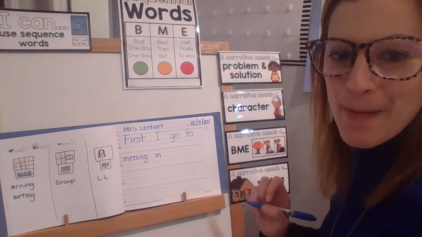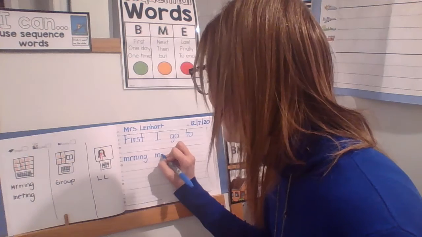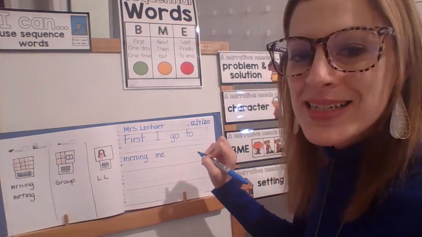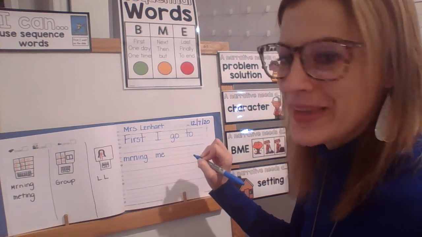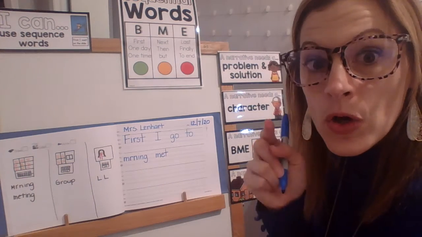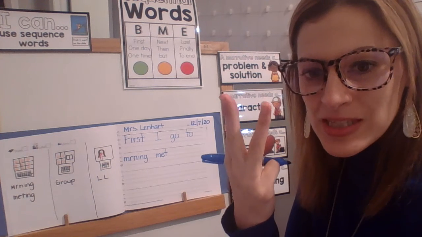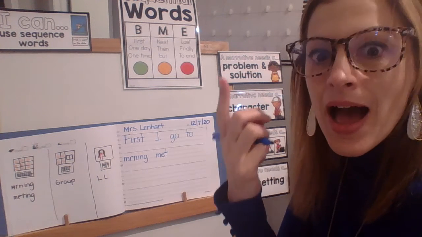I hear another M. E. I hear an E. T, t, t. Yep. T. Oh, there's that ing sound again. Who remembers what we just said? What 3 letters makes the ing sound?